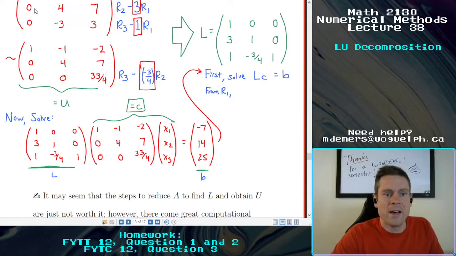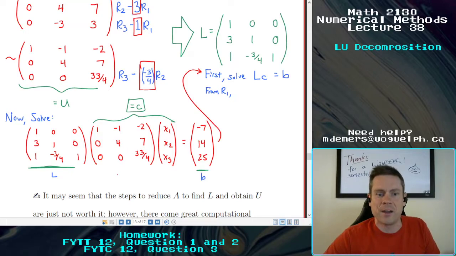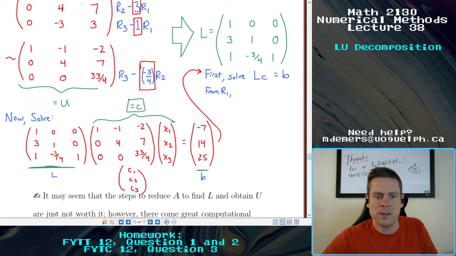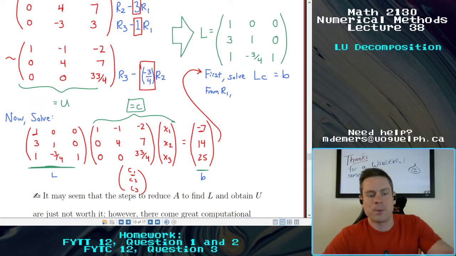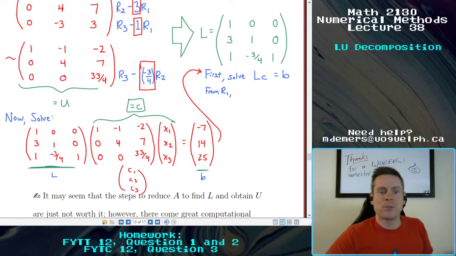If it distracts you to see those matrices, just write C1, C2, C3 there instead. Then you'll be able to see, if you write C1, C2, C3, you'll have 1 times C1 equals negative 7. That's what the top row says, because of the zeros here. And then you can use the second row and so on. So from row 1, C1 equals negative 7.